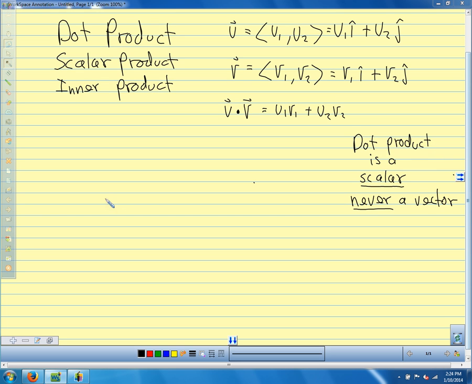calculating a dot product. So let's say we have u, v, we're going to have three vectors. U equals the vector 2, 6. V is the vector negative 1, 5. And W is the vector negative 3, 1.